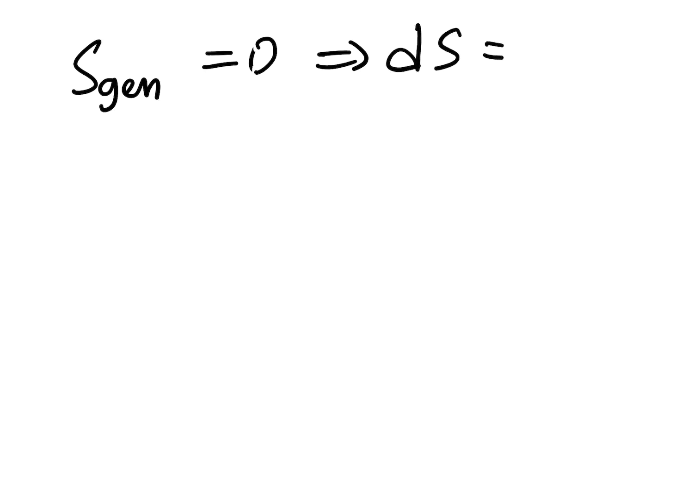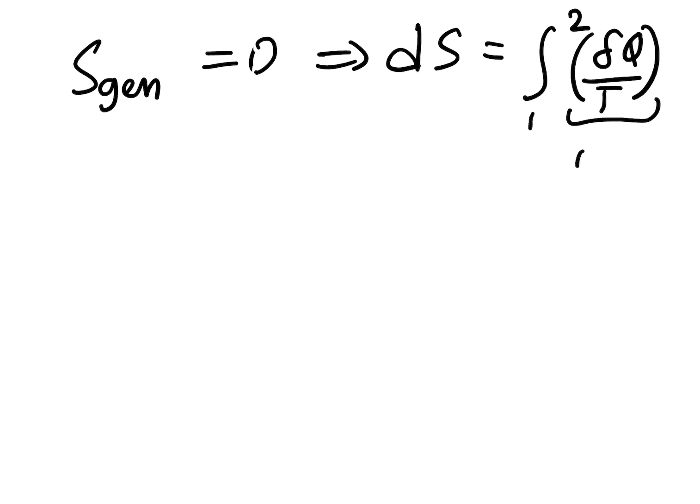The case when the entropy generation is exactly 0 represents the situation where dS is exactly equal to 1 to 2 delta Q over T, and this process is internally reversible.